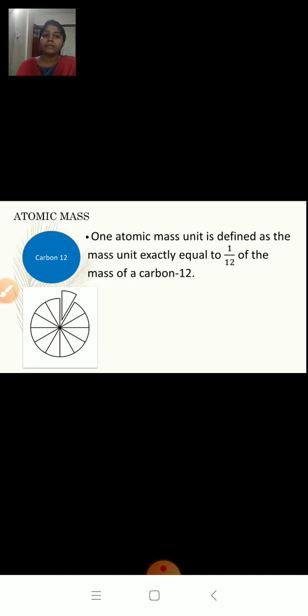if we take one atom of carbon 12 and divide this into 12 equal pieces, we take one piece out from this complete set. Can we say the mass of a single piece is equal to 1 atomic mass unit? Correct? We took one atom of carbon 12 and divided it into 12 equal pieces, and we take out one piece.